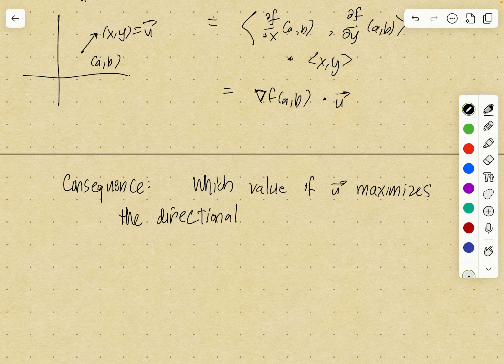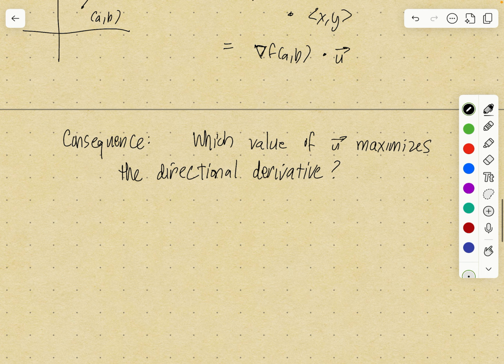Because you get one directional derivative for each direction u, and the question is, out of all the different u's, which one will maximize the directional derivative?